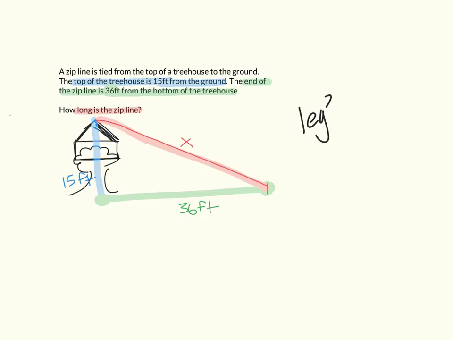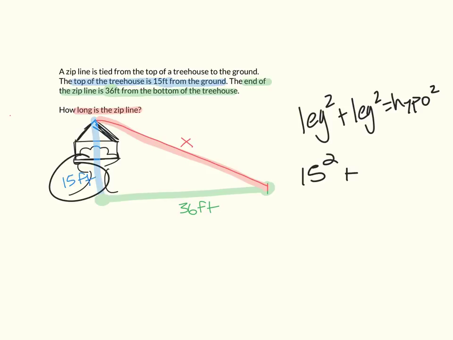All right, let's do it. The Pythagorean theorem is leg squared plus leg squared equals the hypotenuse squared. First leg is 15, so 15 to the power of 2, plus the next leg is 36, so 36 to the power of 2 equals x to the power of 2.